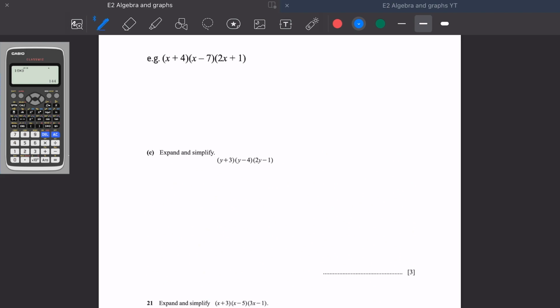Now the next type of questions you might see in the past papers is when three linear terms are multiplied to each other. You should really pay attention to these type of questions because there are many things being multiplied with each other. So you have x plus 4 into x minus 7 into 2x plus 1.